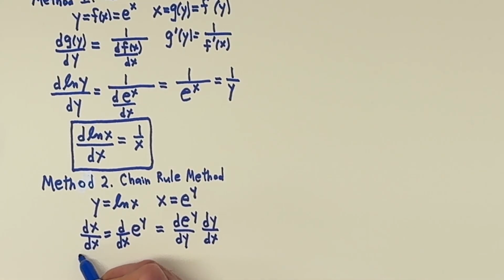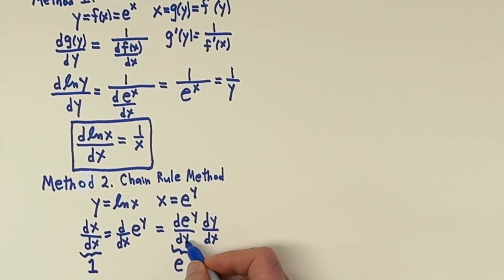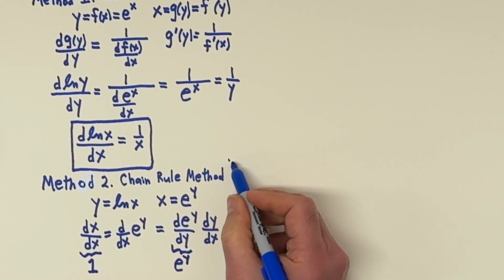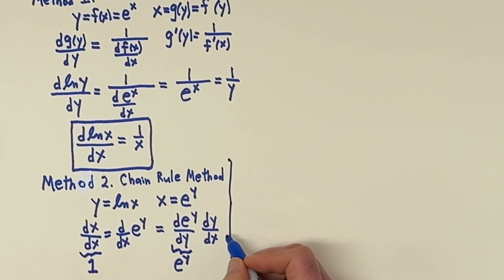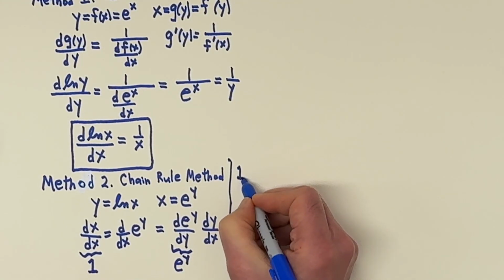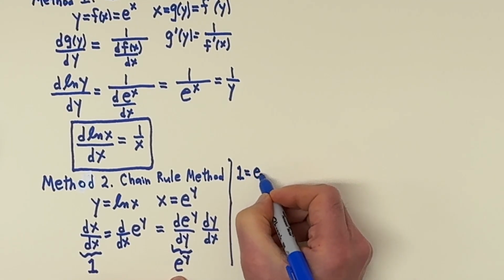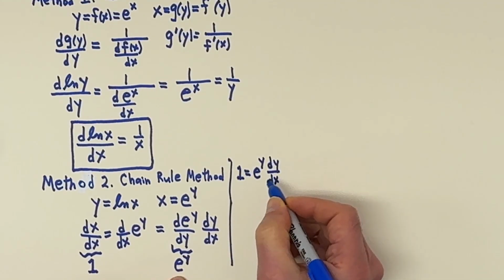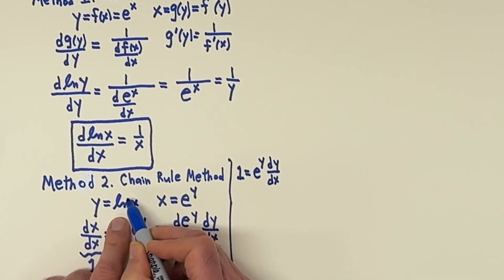Now notice here, two neat things. This is 1. The derivative of x with respect to x is 1. And this gets us back the same thing. This is the derivative of e to the y with respect to y is simply e to the y. Now, we can look at this as giving us a 1 on the left side equals e to the y dy/dx. But dy/dx is what I'm interested in.